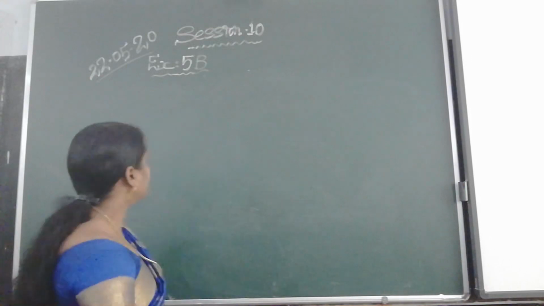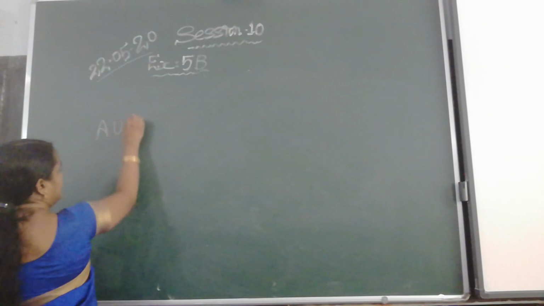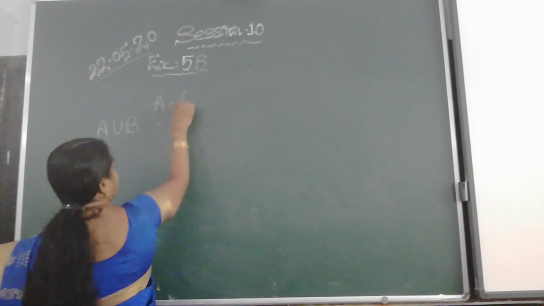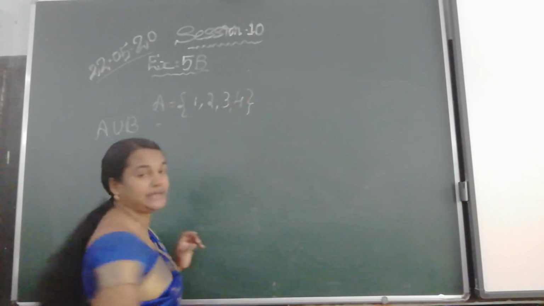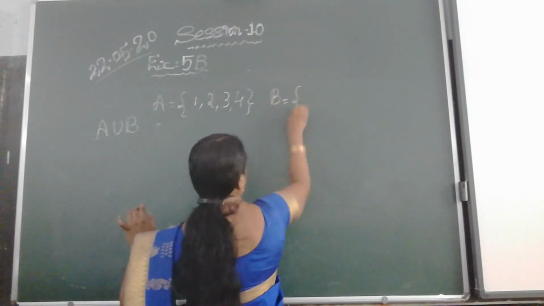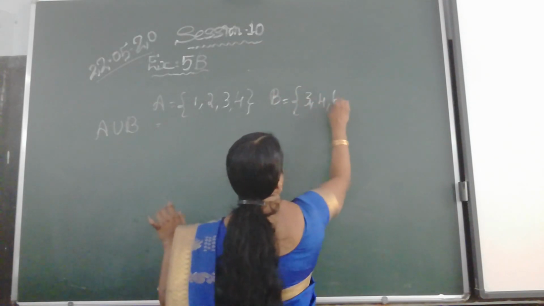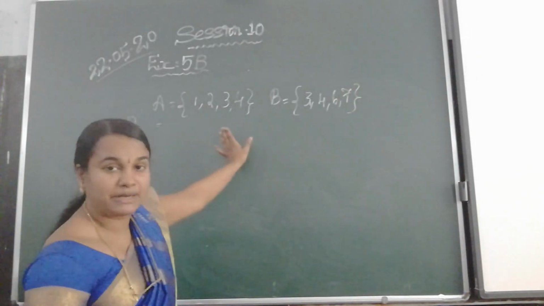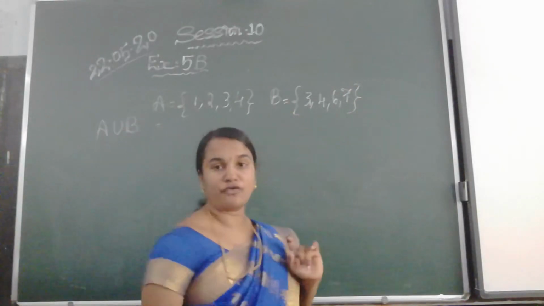Children, A union B. Here for example, A equals 1, 2, 3, 4, and B is 3, 4, 5, 6.